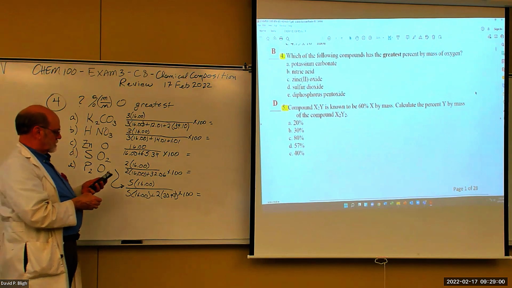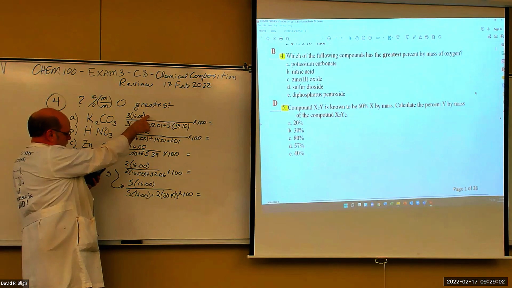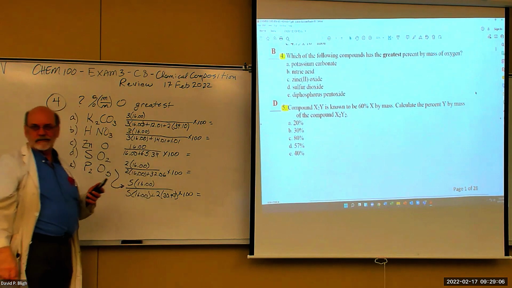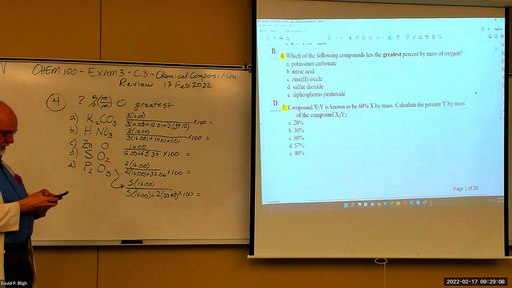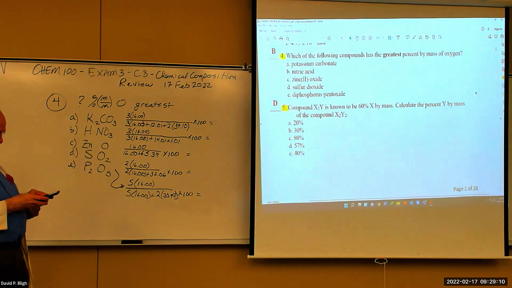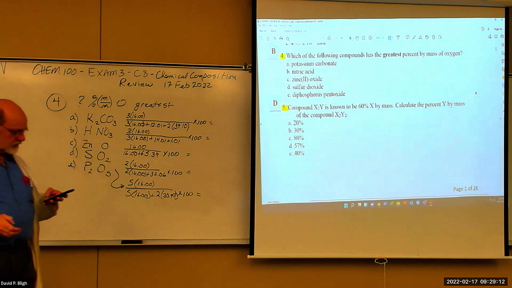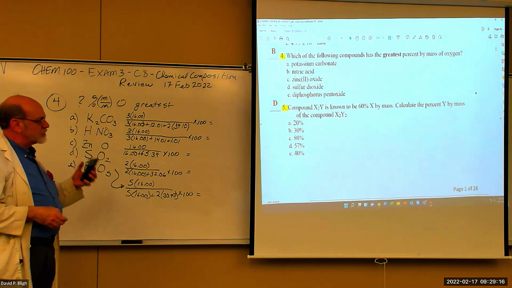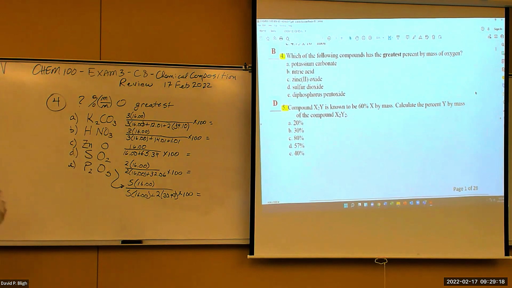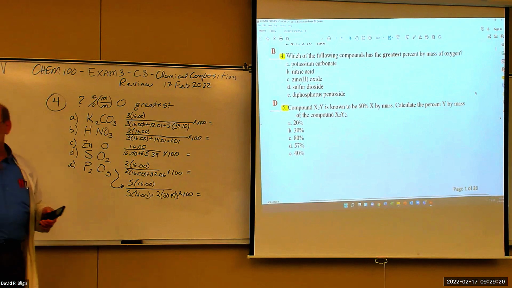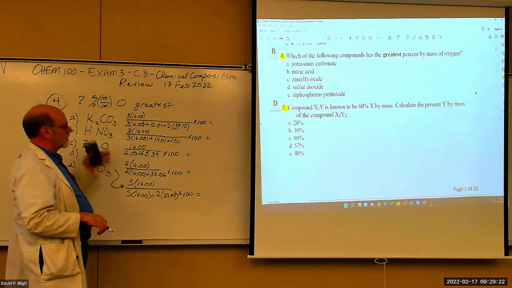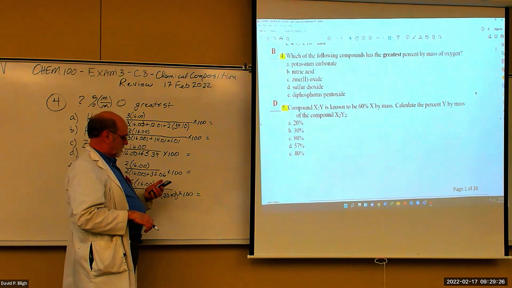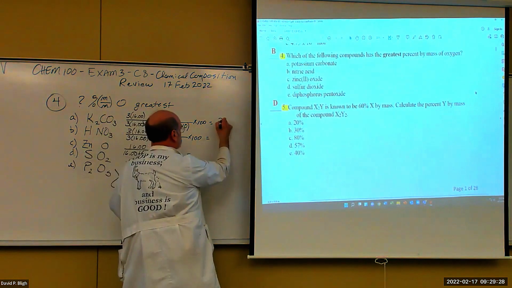So I get 48 divided by 138.21 times 100. Well, actually, we're doing comparisons, so significant figures aren't as important in this case, because we just want to find out which one's got the most. 34.73.